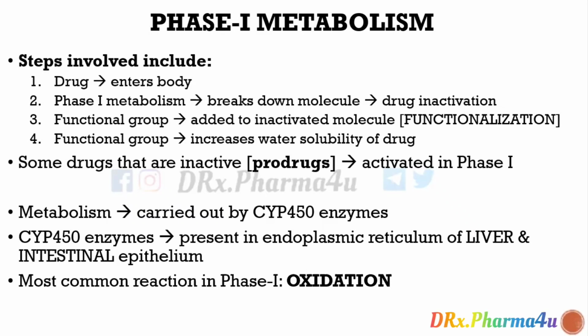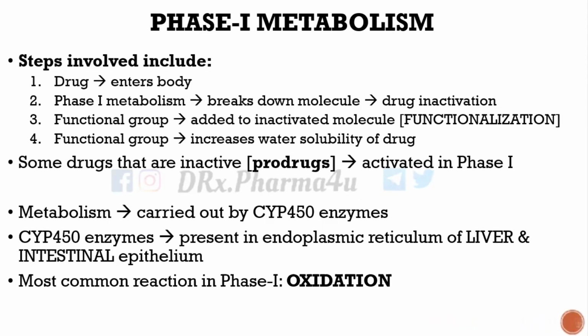And phase 1 metabolism is very, very applicable to all those drugs which are known as prodrugs. Prodrugs are molecules which are inactive in the first phase. When they enter into the body and get metabolized, they get converted into the active form. For example, clopidogrel is a medicine used as an antiplatelet agent.